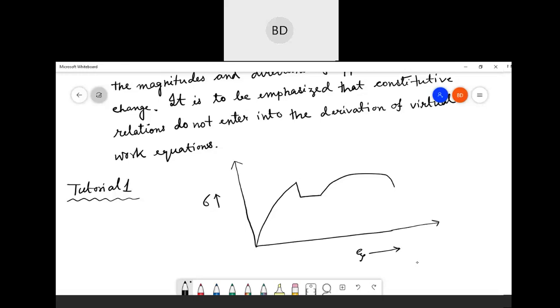You have to name it. What is the name of this curve? What is point Z? Suppose point F. What is it? E. What is it? Suppose this is D. You have to name.